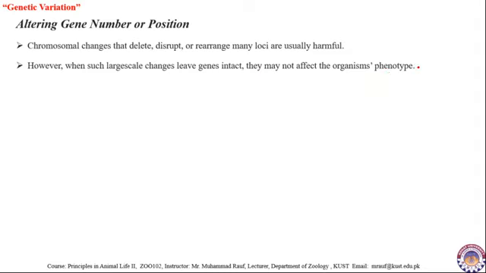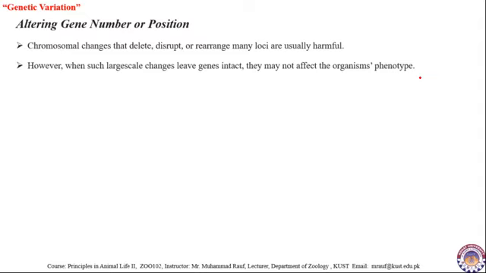If you remember, we studied that aneuploidy is more harmful as compared to aberrant euploidy. What happens in aneuploidy? The gene complement is disturbed.